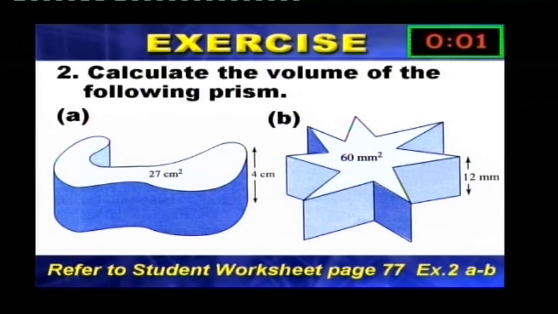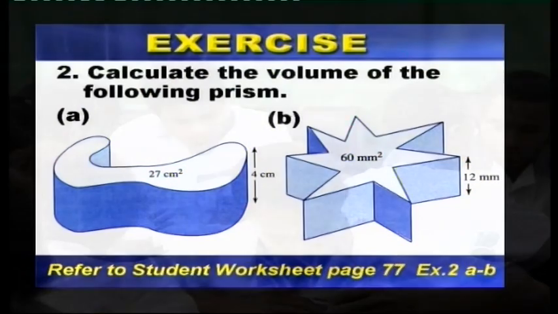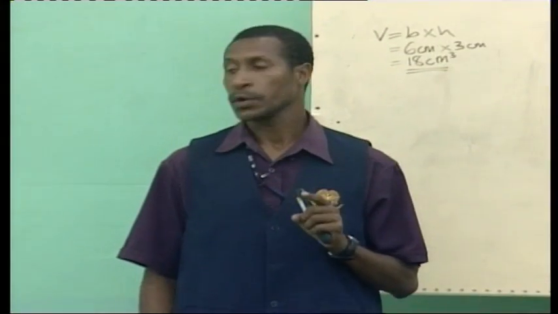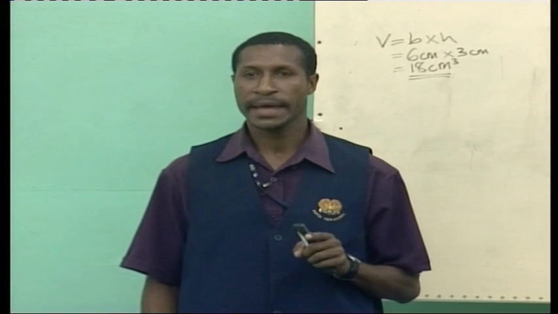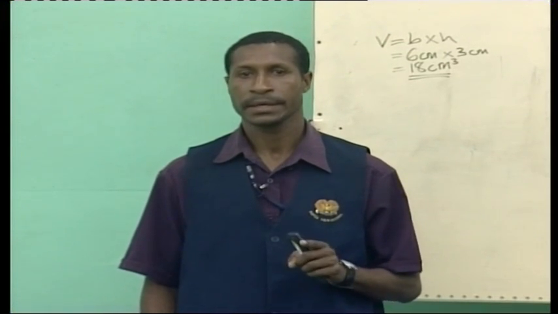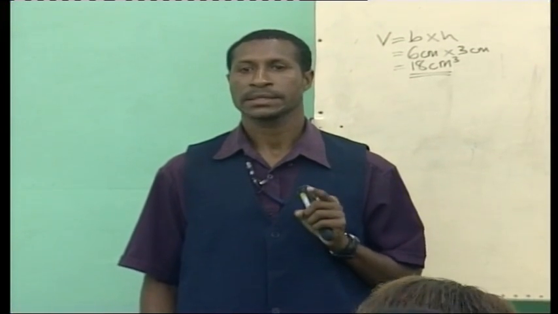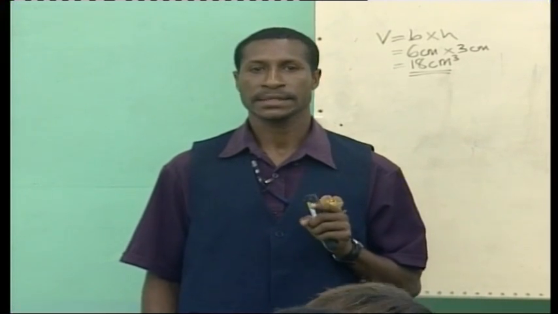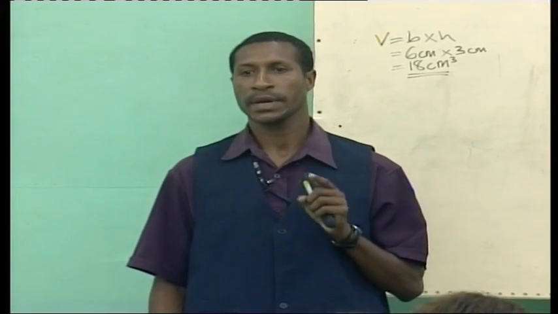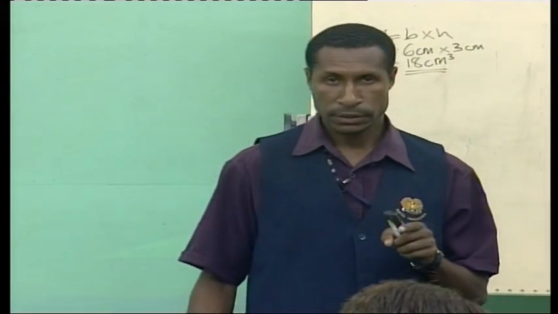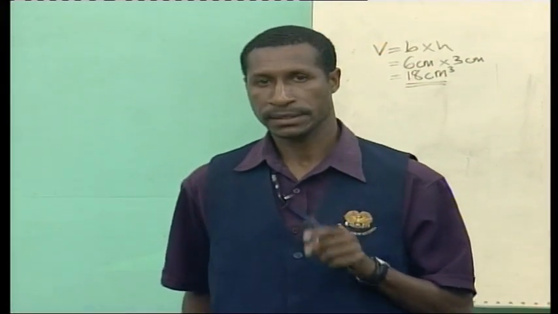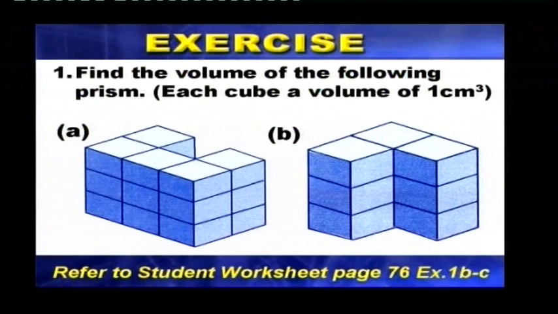Receiving students and 7Es, we will now correct the exercise. Receiving teacher, we will only correct exercise 1A and exercise 2A. Exercise 1B and exercise 2B, receiving teacher, I would like you to collect the students' books, and then you can check their answers at your own time.